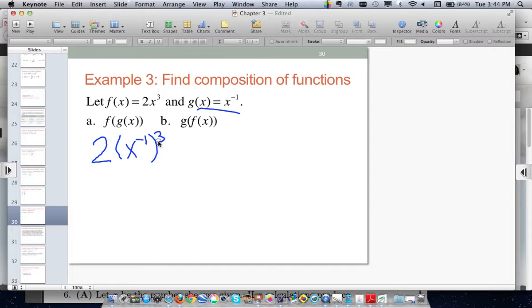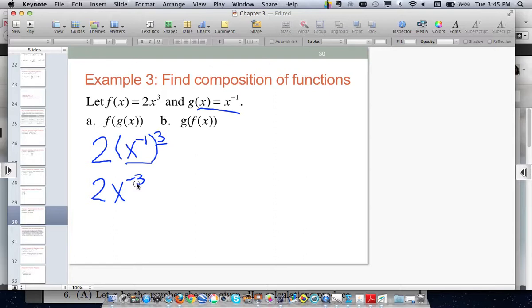So notice if I had said f of 2, you would take out x and put in a 2 and evaluate. Here, I'm saying that f is equal to whatever g of x is equal to. So then we're going to simplify this out. I have a power being raised to a power, so we're going to multiply. So that means 2 times x to the negative 3.